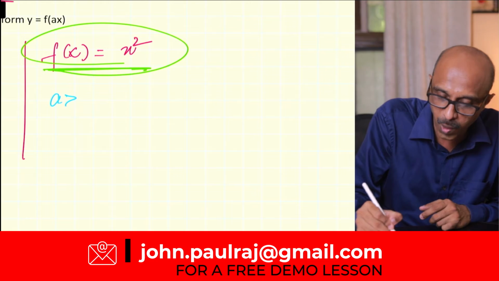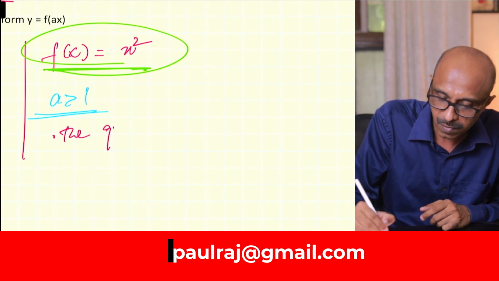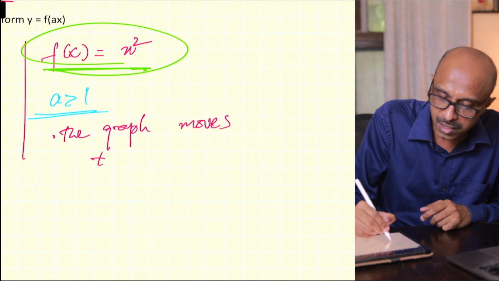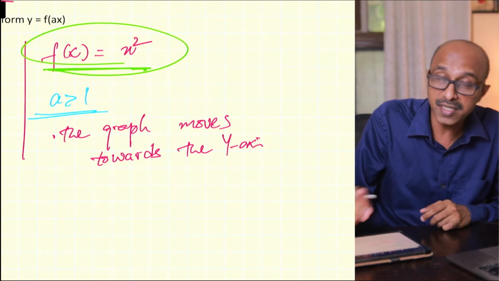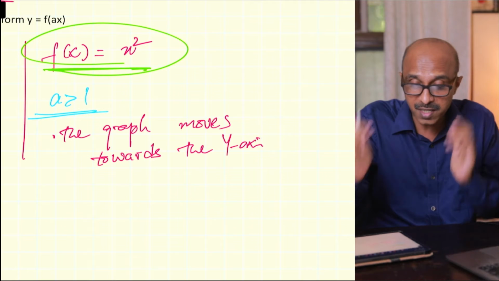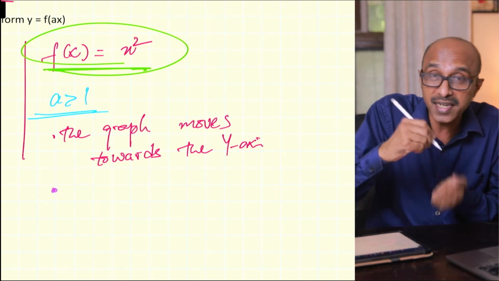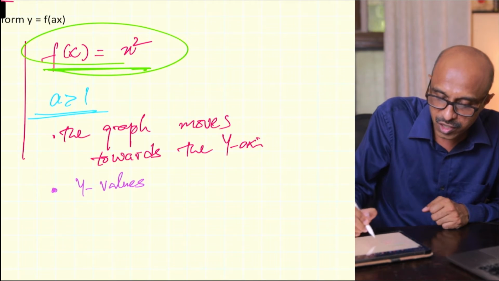When a is greater than 1, we observed that the graph moves towards the y-axis. Towards the y-axis is the same thing as moving away from the x-axis, but what's also happening is that the y values are getting stretched.